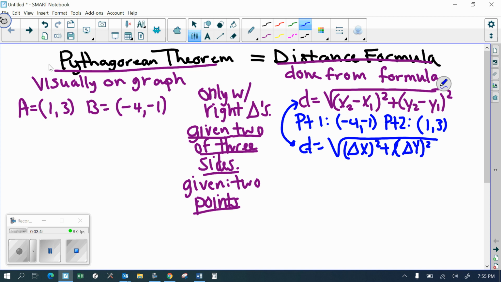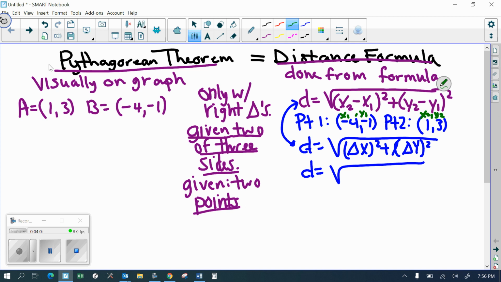Okay, so now I go ahead and fill it in. X sub 2. Just so you know, since that's point 2, this would be x sub 2 comma y sub 2. This would be x sub 1 comma y sub 1. Okay, because all the sub 2s and sub 1s mean is point 1 and point 2.